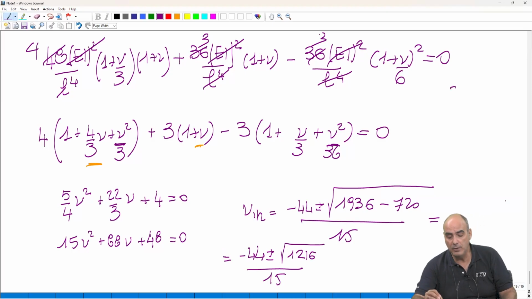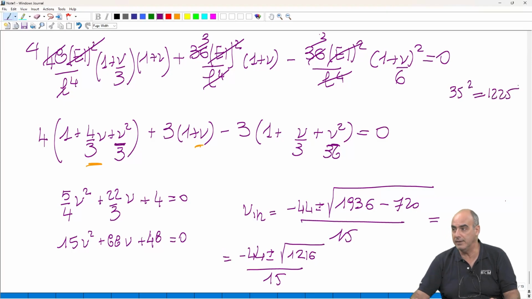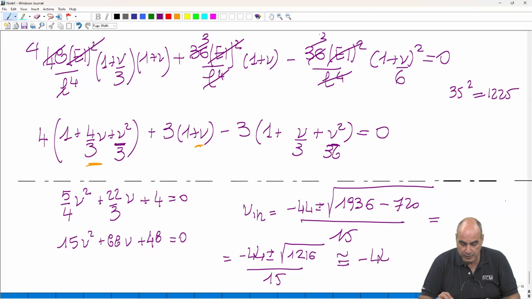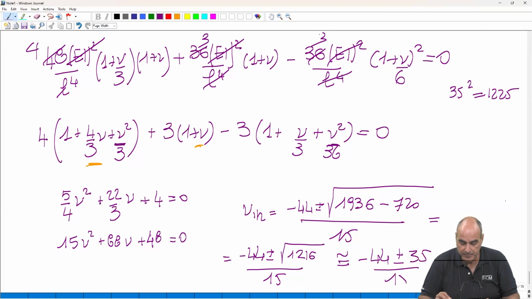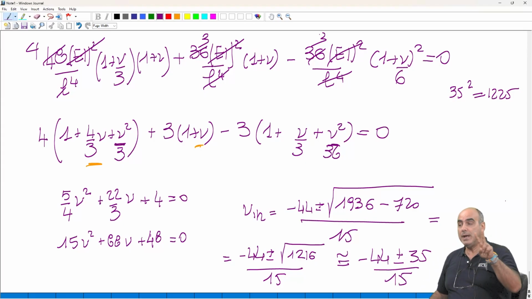Now, what I know is that 35 squared is 1225. So the square root of 1216 is not much lower than 35. I can write minus 44 plus or minus 35 divided by 15. So I have two negative solutions.